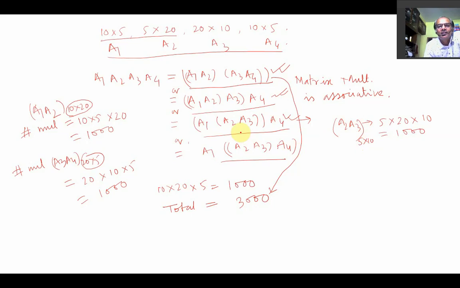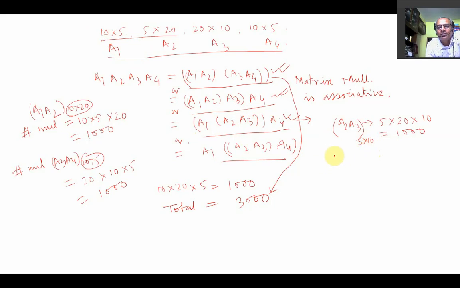Am I clear? Now do the multiplication for a1 and this resulting matrix, where a1 is 10 cross 5. Here you will get 5 into 10.